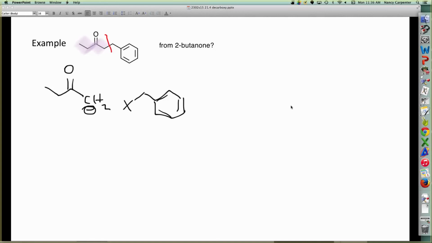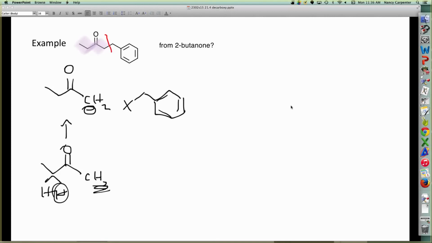So I can put a bromide on there, whatever I want to, tosylate, whatever. But you know, this is telling me I've got to come up with the selective deprotonation again. I don't want to deprotonate here. I do want to deprotonate here. So how can I control this?